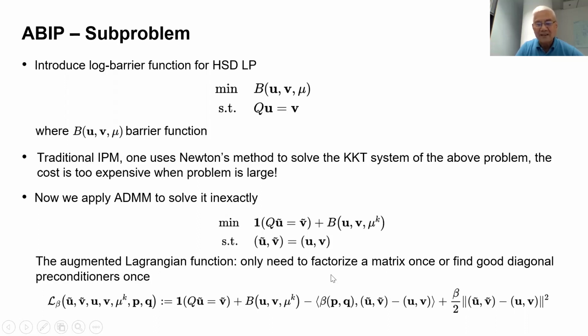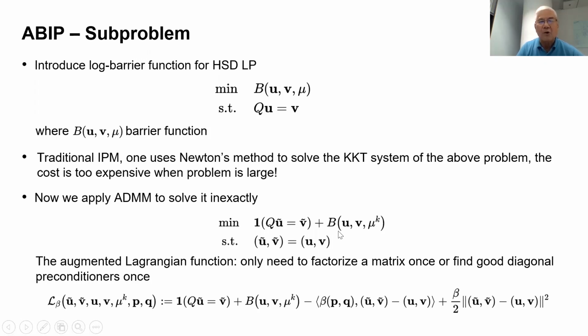That means we only need to factorize the matrix once. Or, if you don't want to factorize the matrix, you can find a good diagonal preconditioner for that same matrix once. Then, when you solve the system of equations, you can either use the factorized matrix like a direct method, or you can use the preconditioned conjugate gradient method. The update for the V part is straightforward.